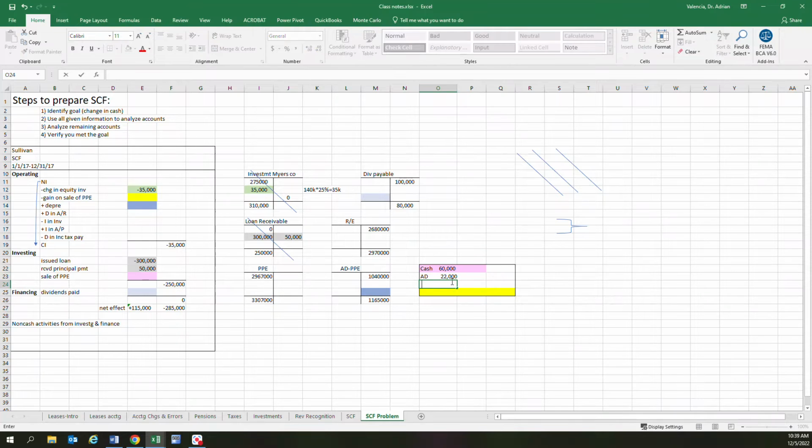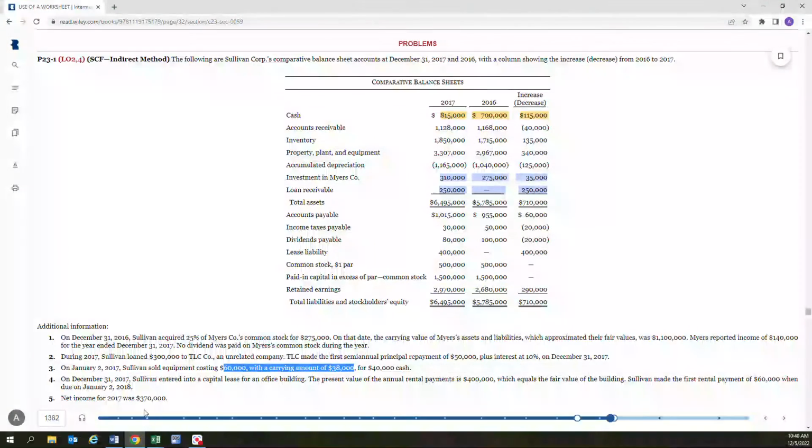Okay, they also tell us that the cost of this item, property, plant, and equipment, is $60,000. You don't have to recreate the journal entry as I'm doing here, but I find it easier to do that. And when I do this, the math here, I'm sorry, did we get 60,000? I think I made a mistake. Oh, we got 40,000.